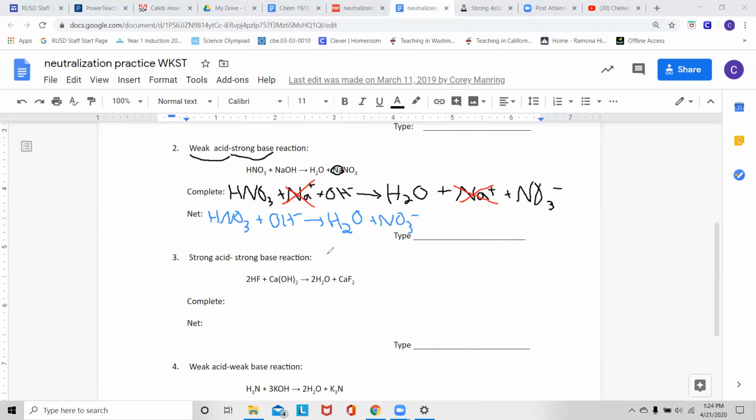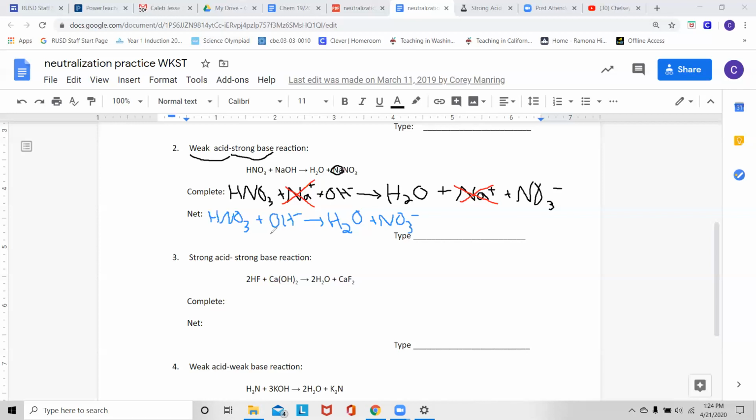So what this should mean to you all overall is, one, we crossed out the sodium because it's not technically part of the overall direct reaction. It's there, but it's what we call a spectator ion, so it doesn't actually do anything. It's just present. What we're left with is the things that are directly going to be reacting together.